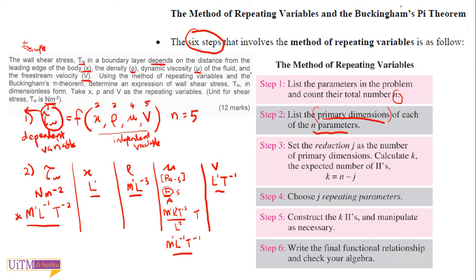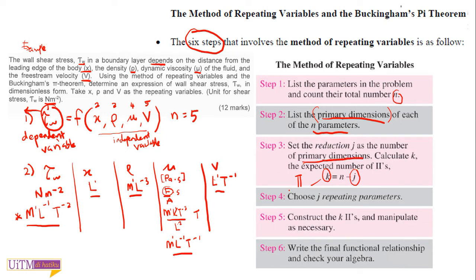Okay, step 2. Now step 3. In step 3, you need to set the reduction of J as the number of primary dimension. We want to calculate the K. The K is the number of pi. N is the number of your parameters, which you have from the first step. N is equal to 5. And J is the number of primary dimension.